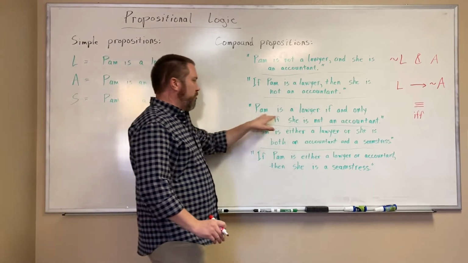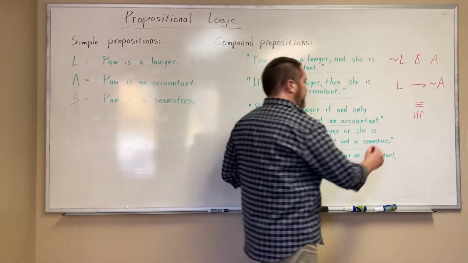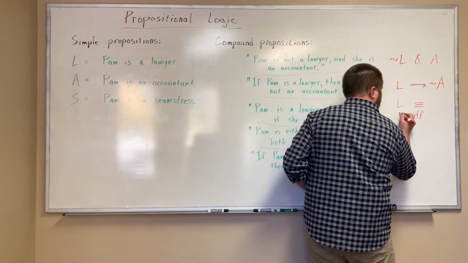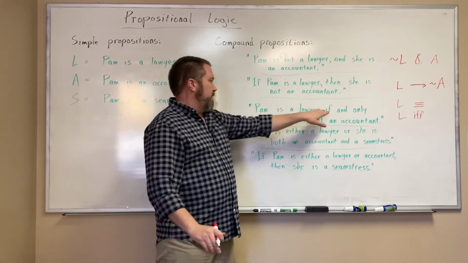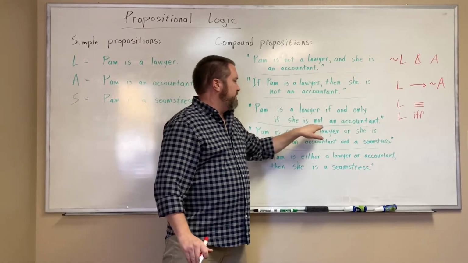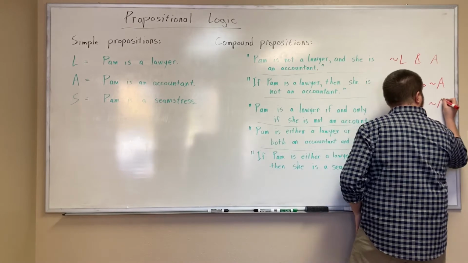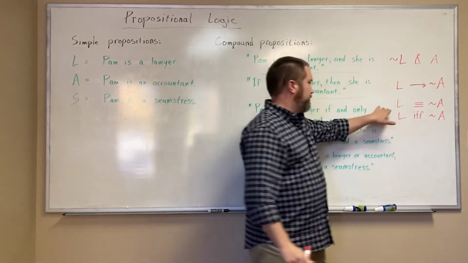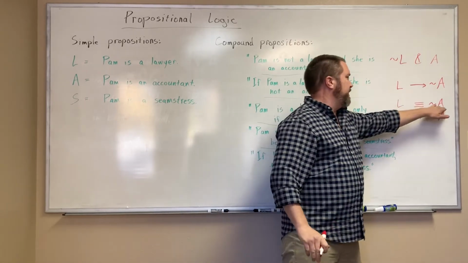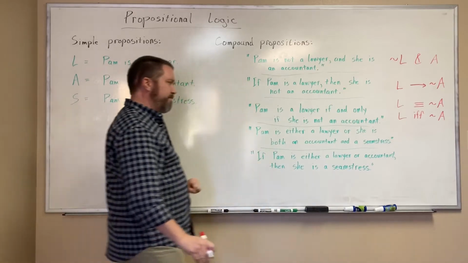So Pam is a lawyer if and only if. So the left side is Pam is a lawyer. I'll fill that in down here also. If and only if she is not an accountant. So again, we have to negate the A, so tilde A. So it'd be L triple bar tilde A. L if and only if tilde A.